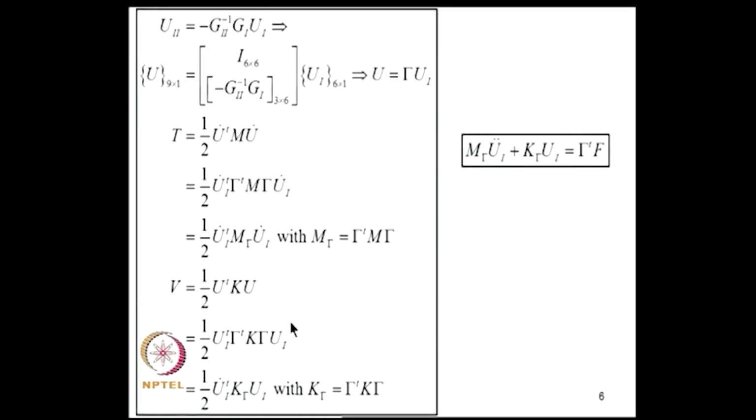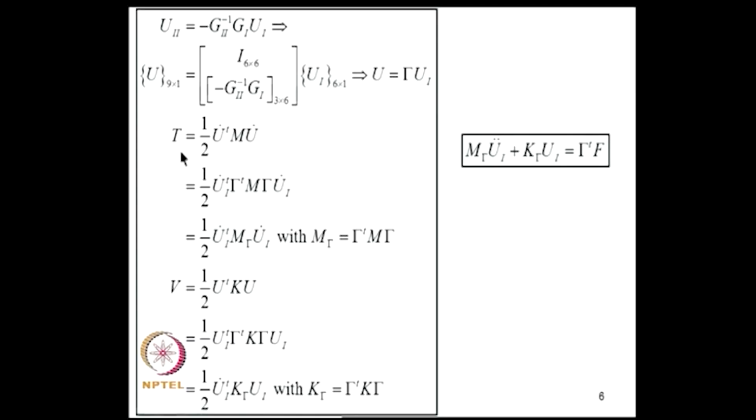Now, U2 therefore is given by minus G2 inverse G1 U1. So, U, a 9 cross 1 vector, can be written in terms of this transformation: the first 6 degrees of freedom remain the same, the next 3 degrees of freedom are related to the first 3 through this relation. So, I get U is gamma U1.